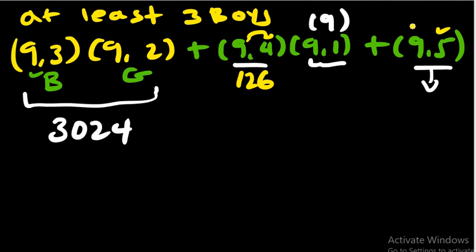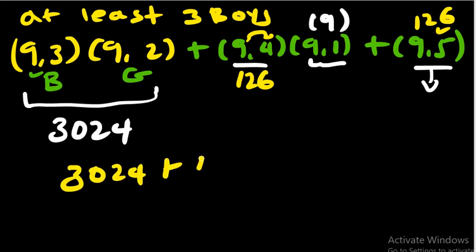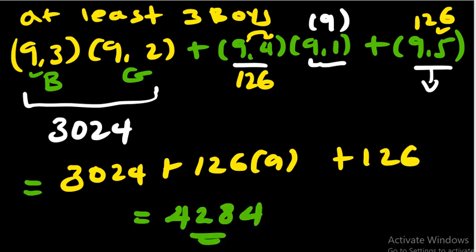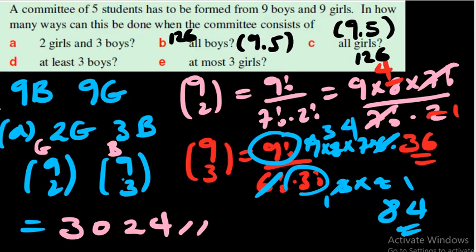So they are the same, 126. Now nothing is left. What is going to be our final answer? 3024 plus 126 times 9 plus 126. When you finish this, it will be 4284 different ways.